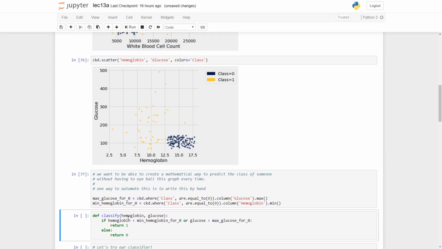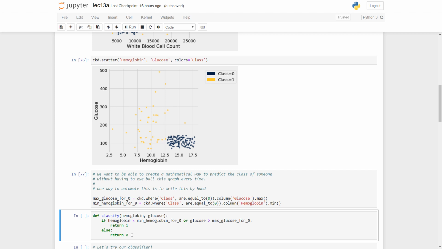We can say that given a new hemoglobin value and glucose value, if the hemoglobin value is less than the minimum, which means that it is at that side, or the glucose is above this value, so if it's below this value on that axis or above this value on that dimension, then we will return 1, which means that this person will be diagnosed with the disease, like all of these yellow or gold points.